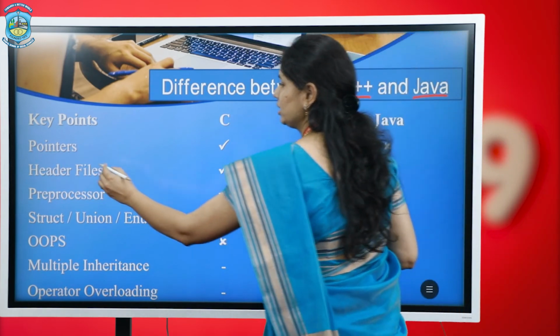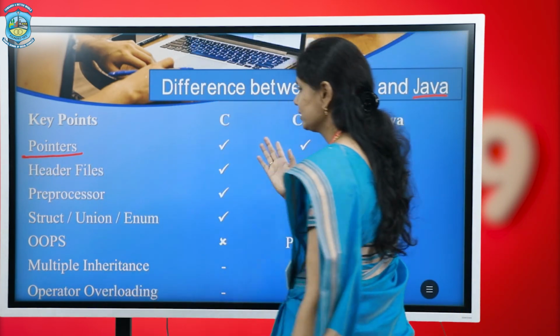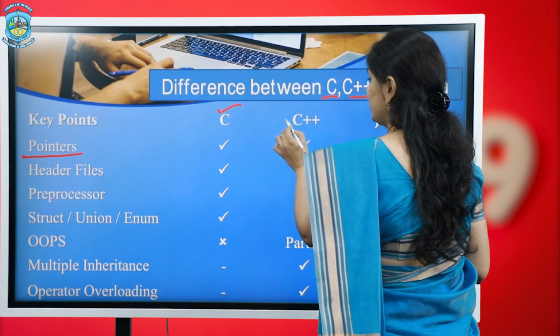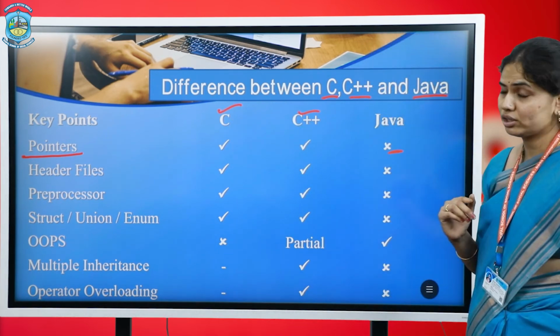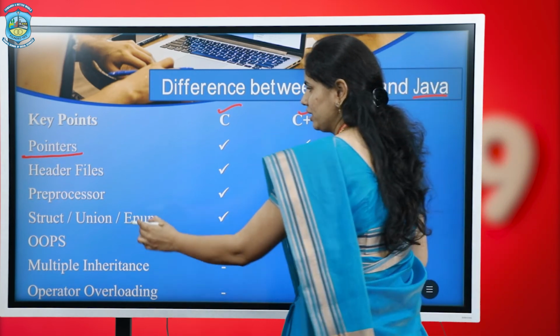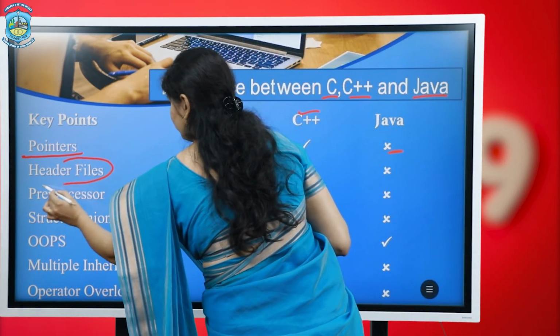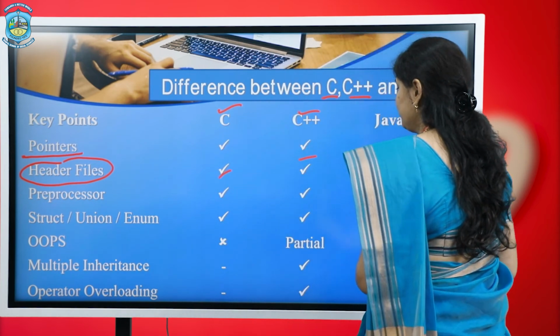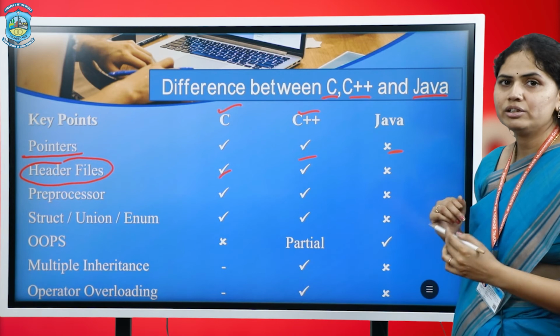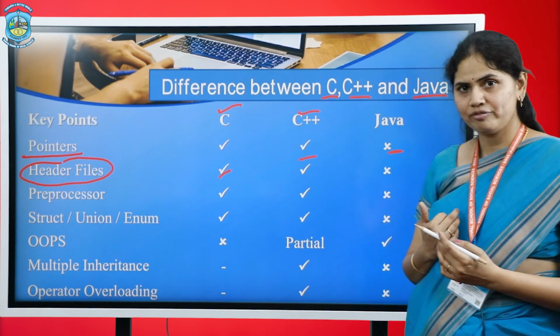So pointer was a concept which was there in C as well as in C++, while Java does not support pointers. Similarly, header files were a must in C and C++, while in Java we don't need these header files.